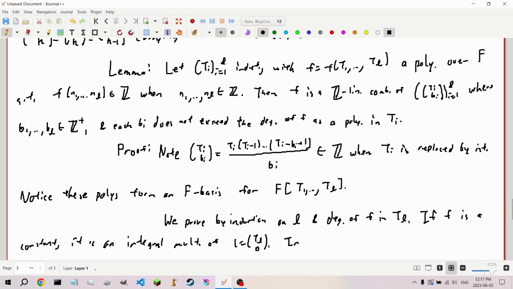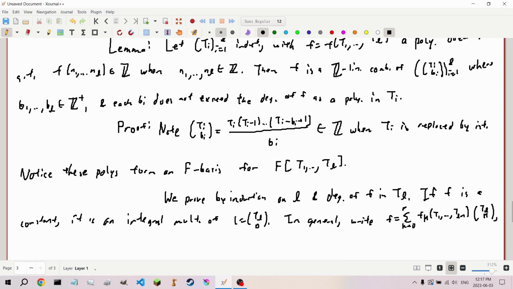That's our base case. In general, we can write f as the sum from k equals 0 to r of f_k of t1 through t_(l-1) times t_l choose k, where r is the degree of f in t_l, and f_k of t1 through t_(l-1) is in the field F(t1, ..., t_(l-1)).